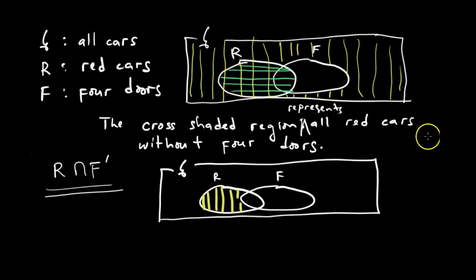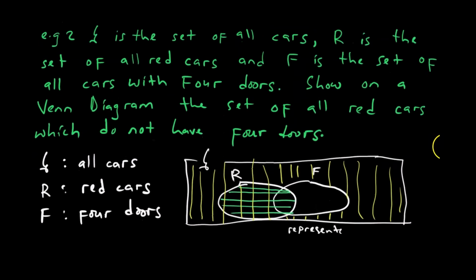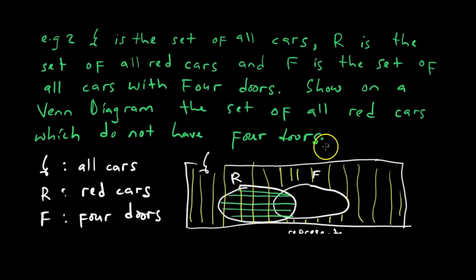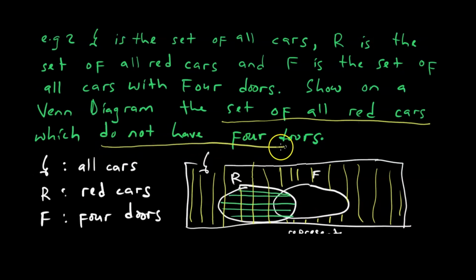Or this first method, which is more technical, is that when we are told to show on a Venn diagram the set of all red cars, we start by shading the set of all red cars with horizontal lines. Then it says which do not have 4 doors. So here, do not have 4 doors, we then shade everything without 4 doors.